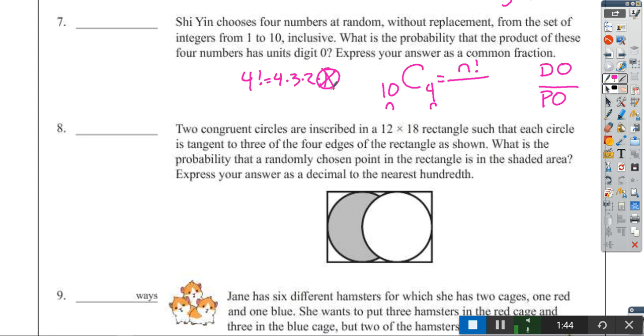So 4 factorial is 24. 5 factorial would multiply all these plus multiply 5, so 5 factorial will be 120. 6 factorial will be 720, but you don't really have to memorize them, although it can be helpful. So n factorial divided by n minus r factorial times another r factorial. Now this actually makes sense, but that's for another time. We're just going to use this equation here.